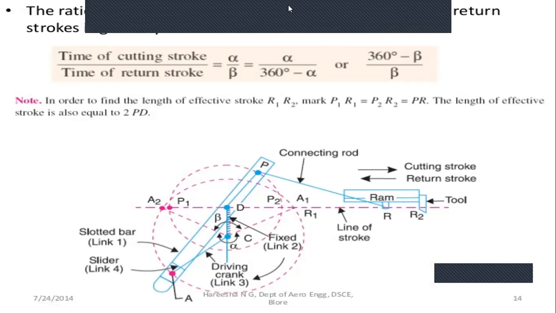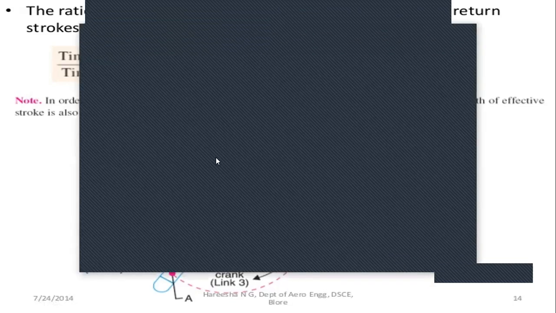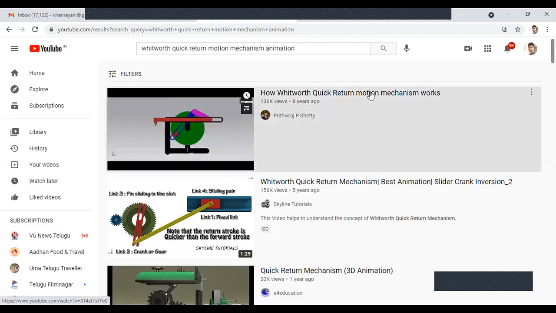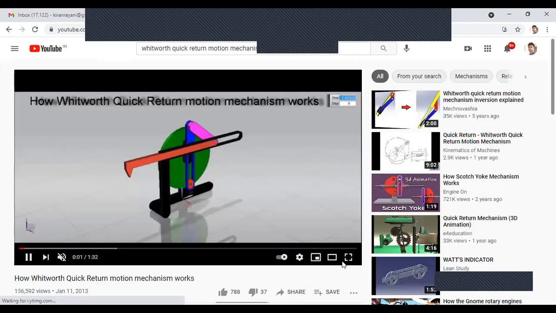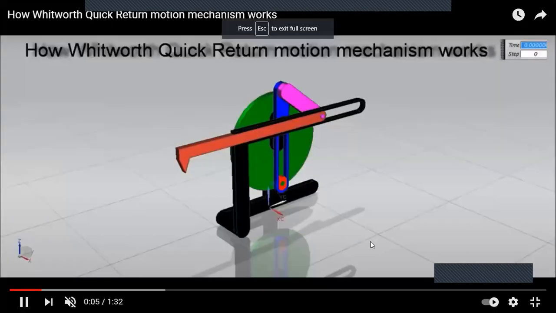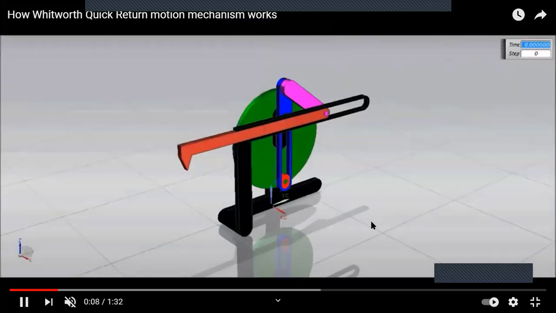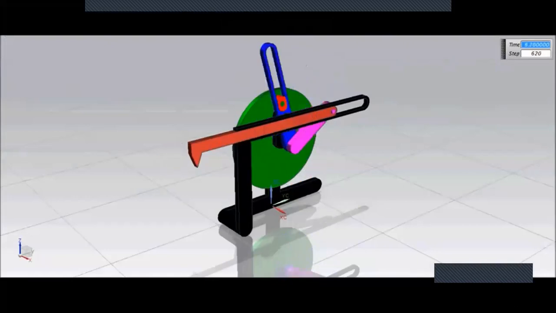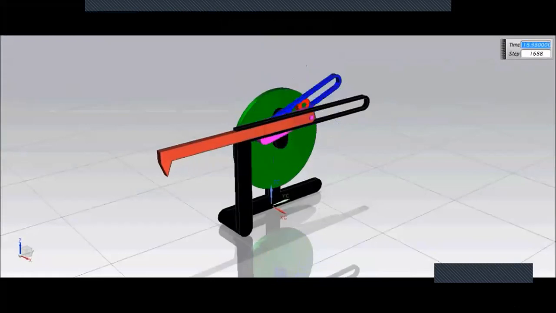Let us now see the animation of the working position of the Whitworth mechanism. This mechanism also has a resemblance to the crank and slotted lever quick return motion mechanism.